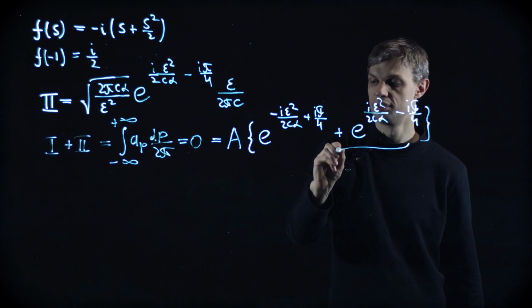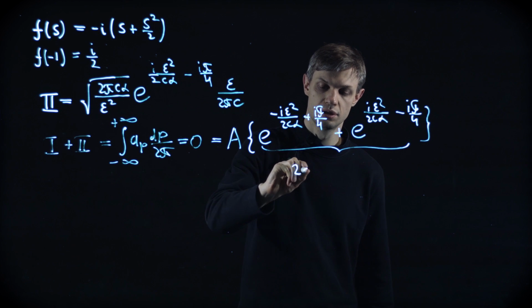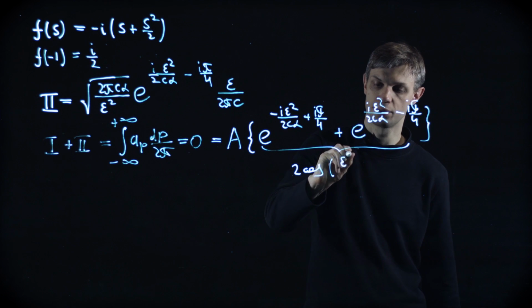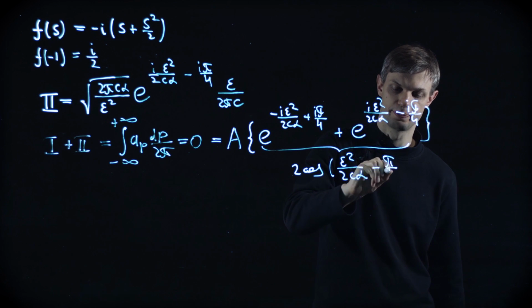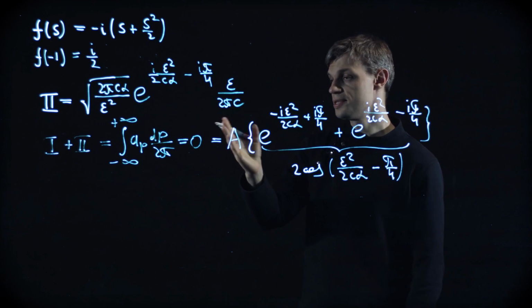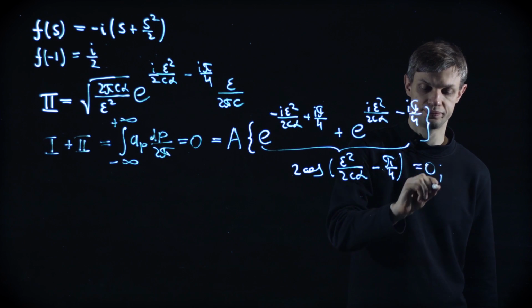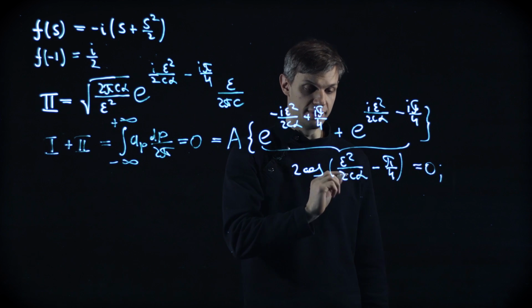And what we get here is a simple cosine function. It's 2 cosine of epsilon squared over 2C alpha minus pi by 4. And here's our quantization condition. So this cosine should be equal to 0. And now we get the energy levels.